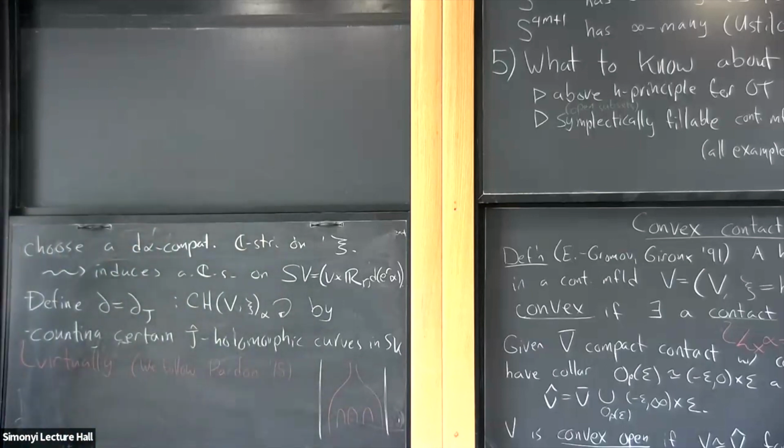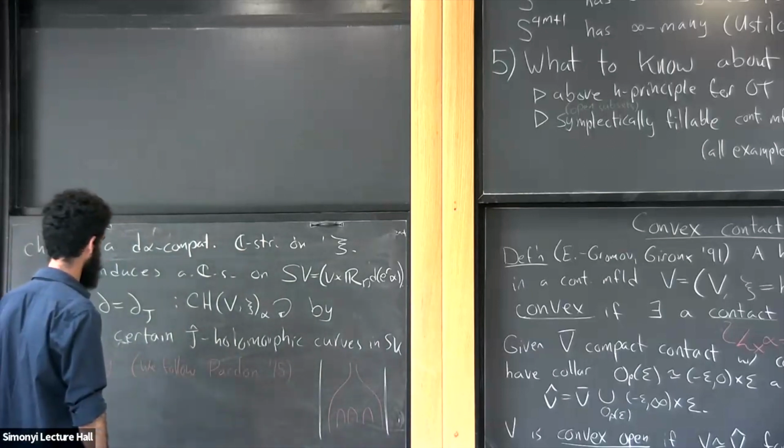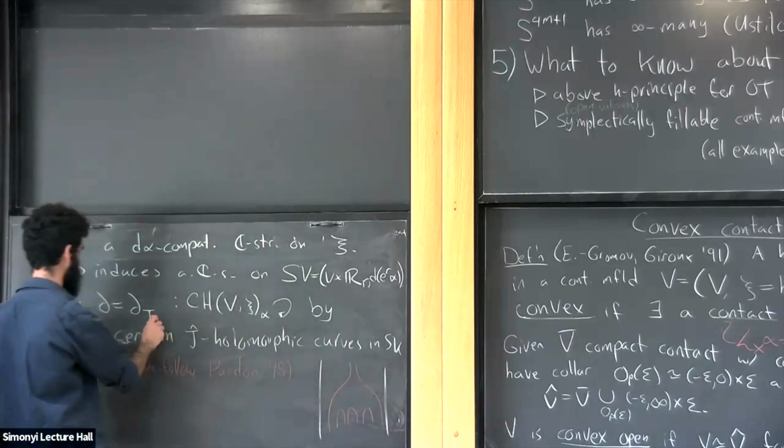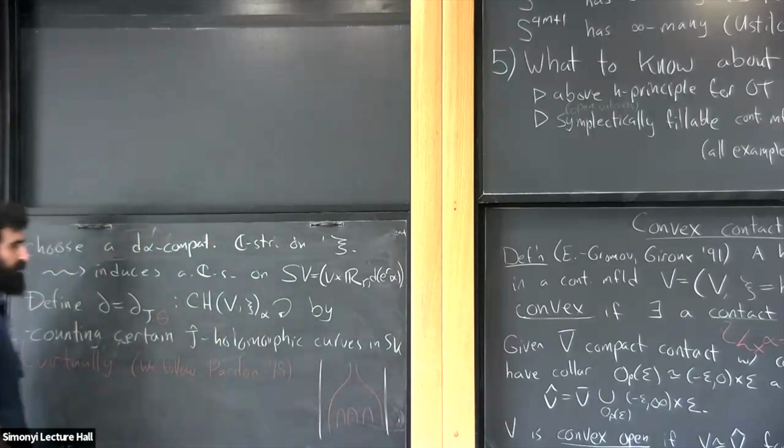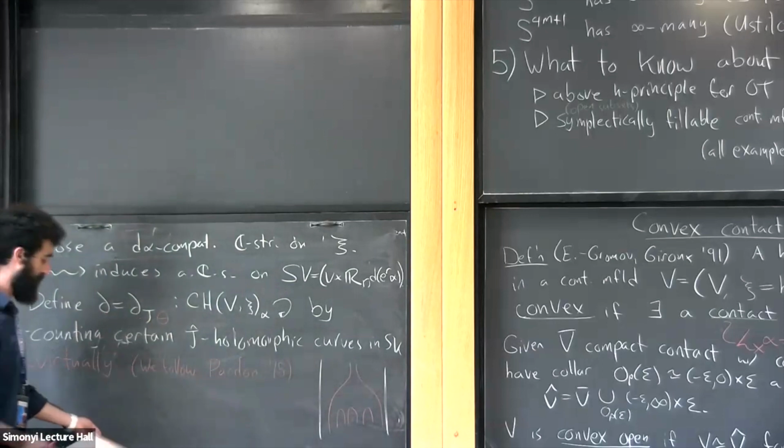For the most part, it doesn't really matter which virtual perturbation framework you use, but at some points we have to open the black box a little bit. So in particular, the differential depends not only on the choice of J, but also on so-called perturbation data.